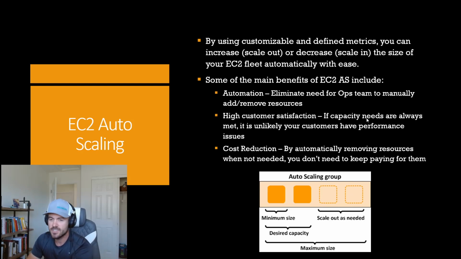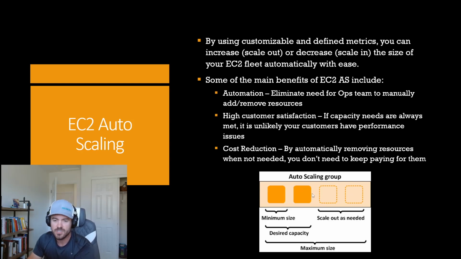So to kind of visualize this, we have an auto scaling group down here. And when you set this up, you are going to need to specify a minimum, desired, and maximum size, okay? So a desired capacity is basically going to be the benchmark for where auto scaling tries to keep the amount of instances you have.